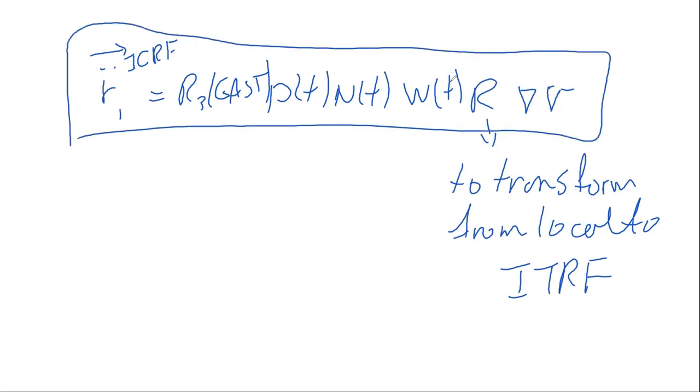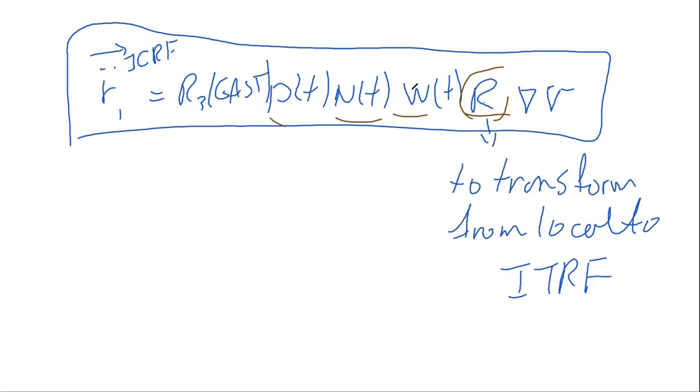So as you see, from the spherical harmonics or from the potential, you can come to this acceleration in space by this transformation. The first one is from the local to ITRF.